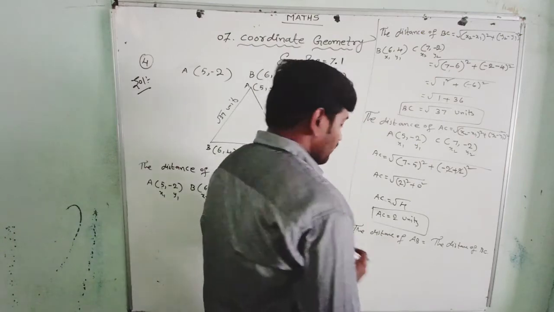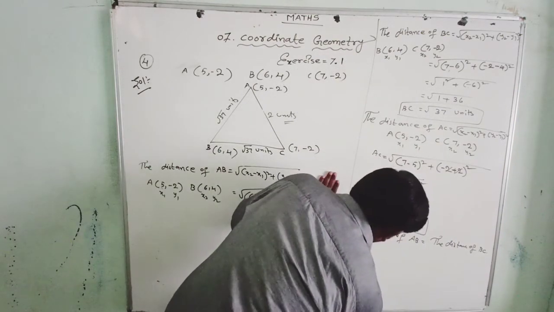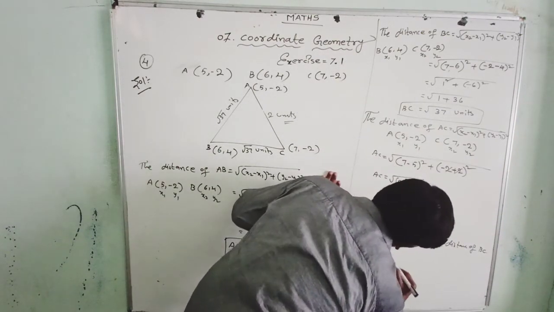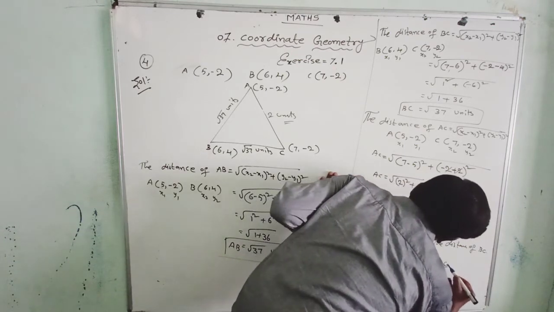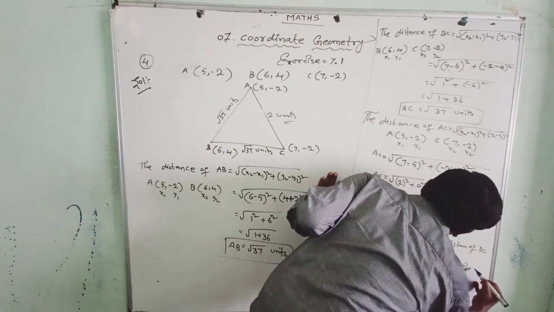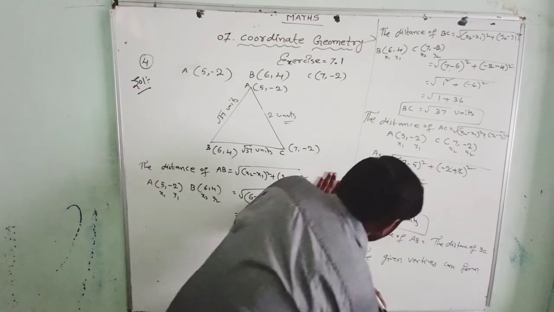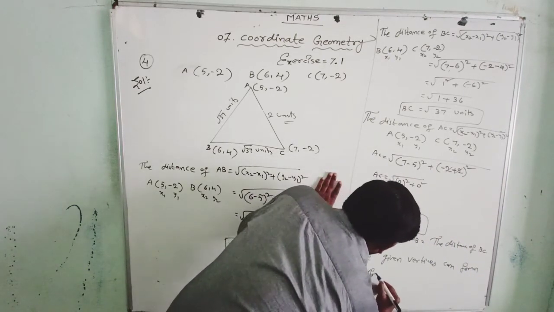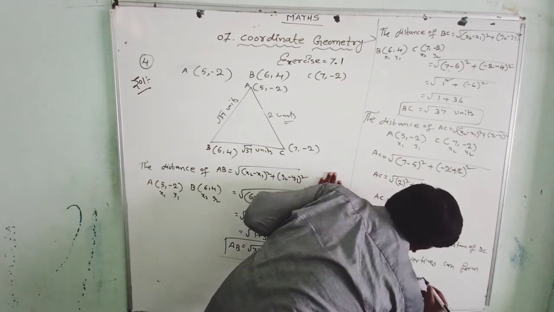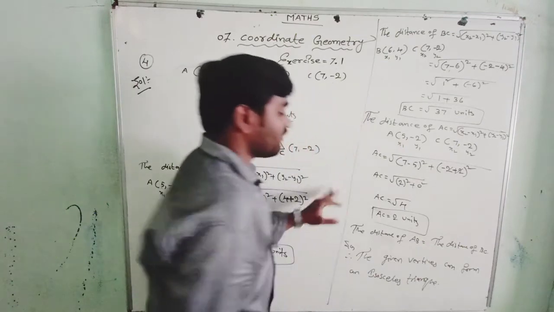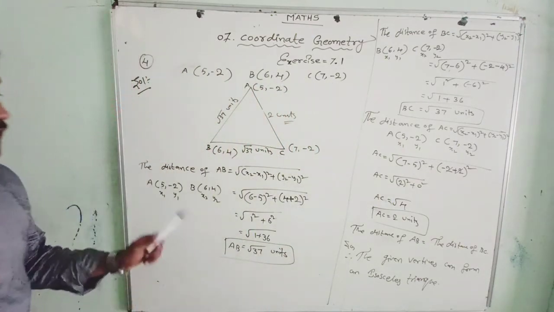Therefore the given vertices can form an isosceles triangle.